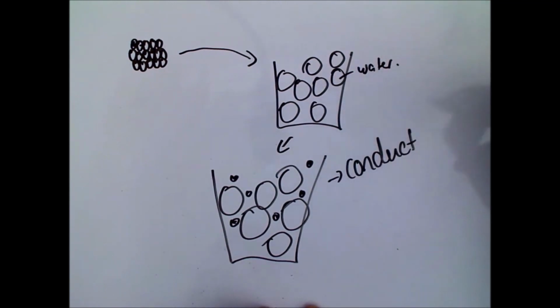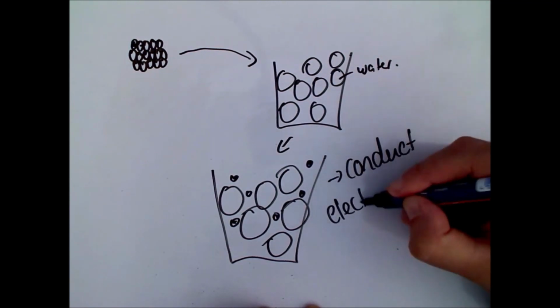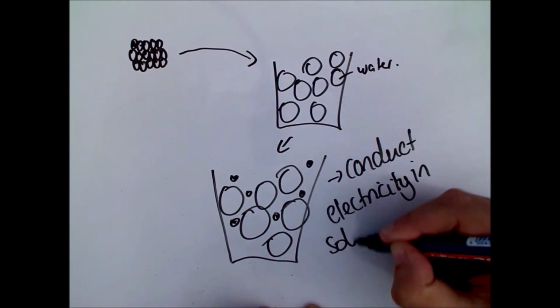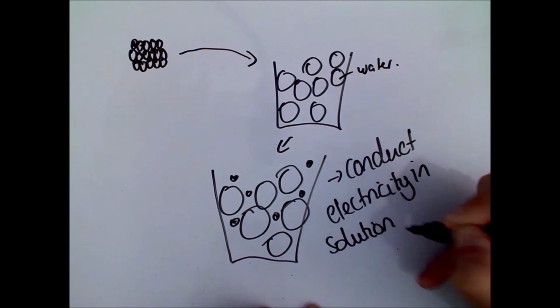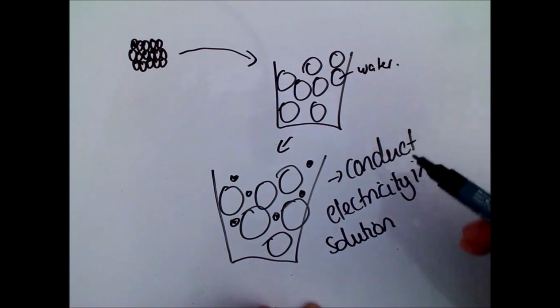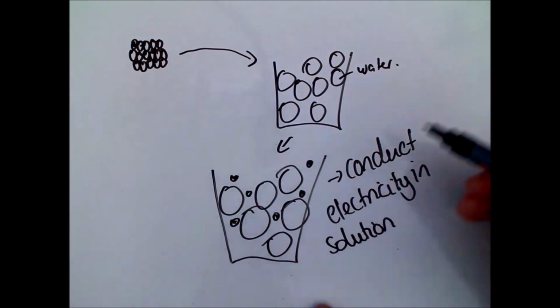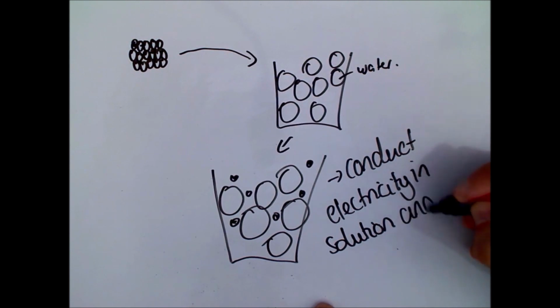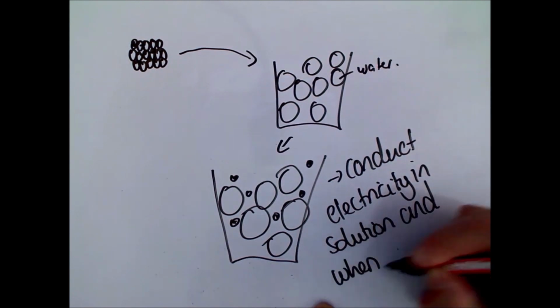So they will conduct electricity in solution, as well as when they're molten. Molten just means when they're melted and as a liquid. So when they're liquid, they're also able to move over each other and carry that charge. So they can conduct electricity in solution and when molten.